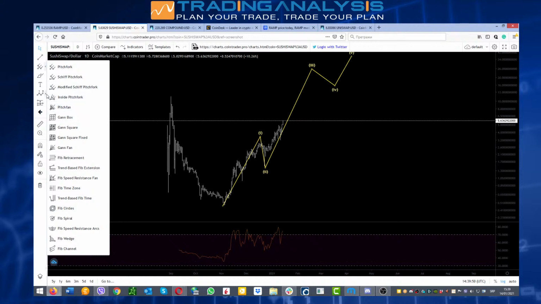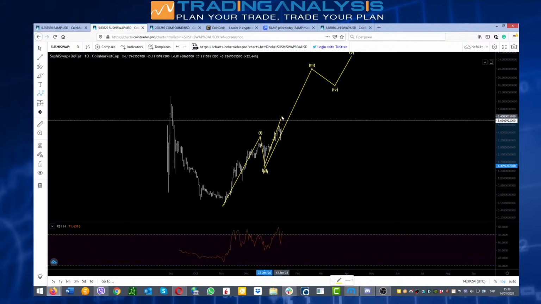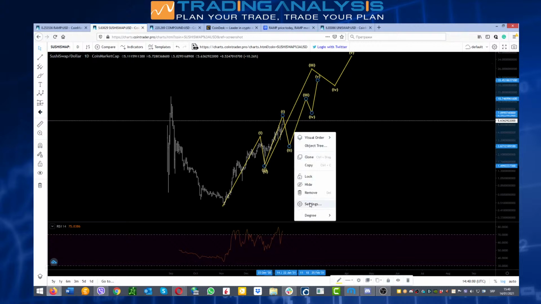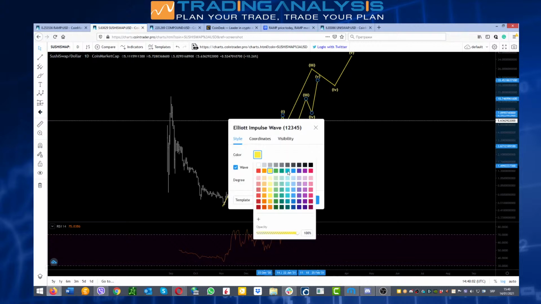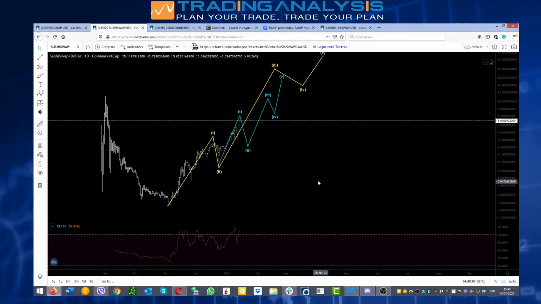What I do when I put a hypothesis on a possible development, I always track these subdivisions. So possibly we will have something like this here. I'm expecting some pullbacks and possible developments of minor degree corrections, which will look something like this.